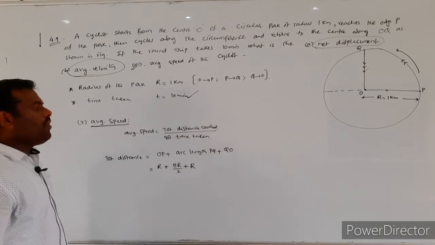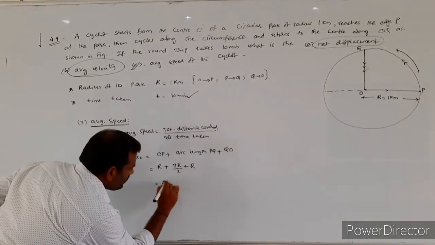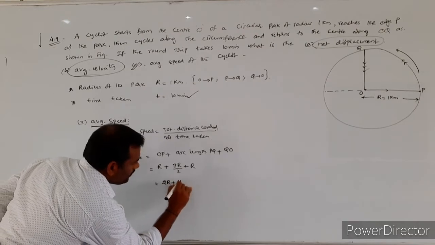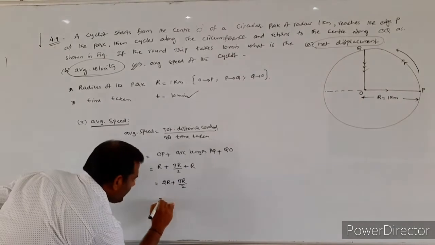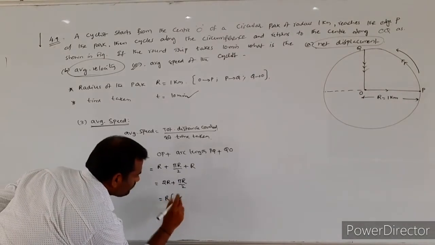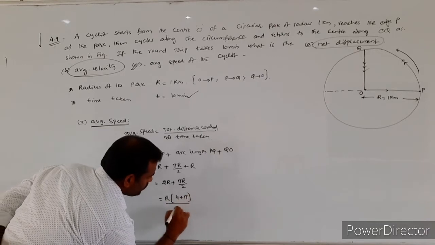Once again QO value is equal to what? Capital R. So from this it is r plus r, 2r, plus pi r by 2. So here if you take r as common, 2 twos are 4, plus pi by 2.